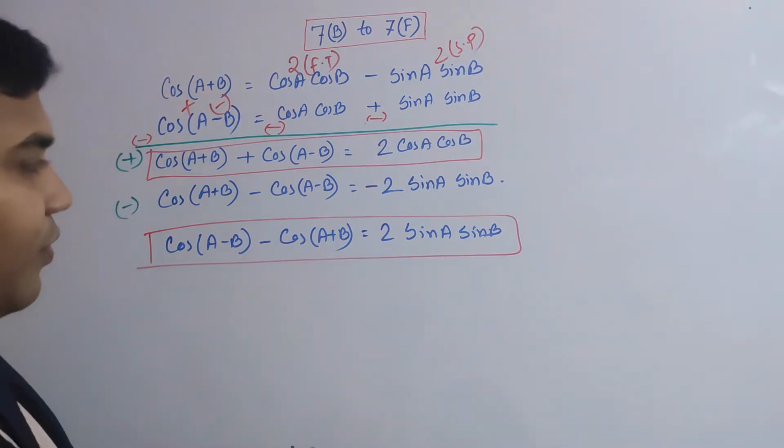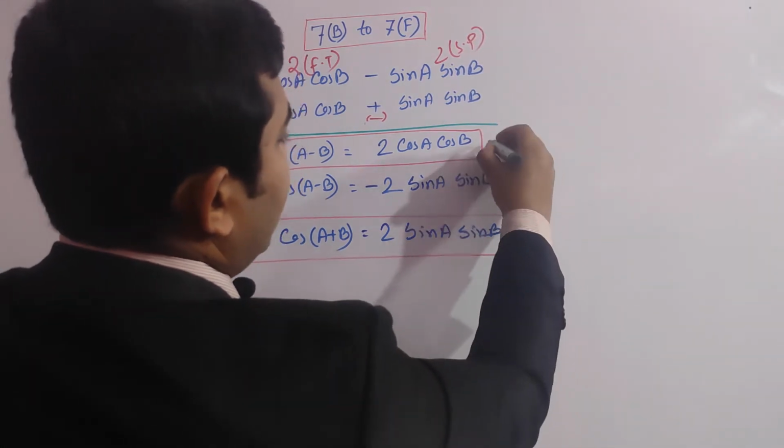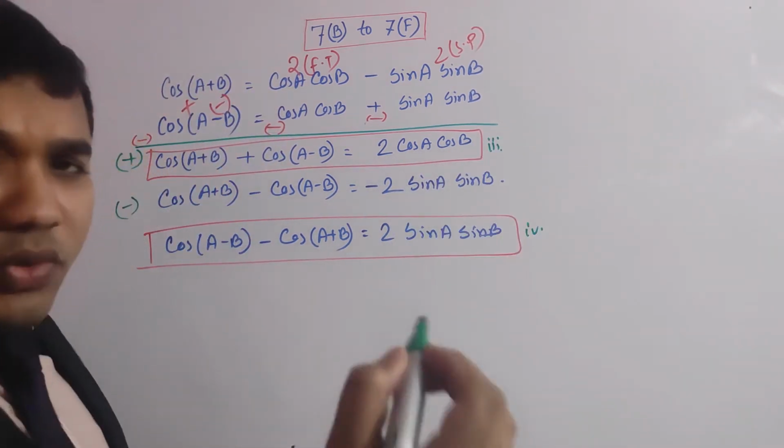So in a nutshell, this was our number 4 formula and this formula was number 3. So what were 1 and 2?